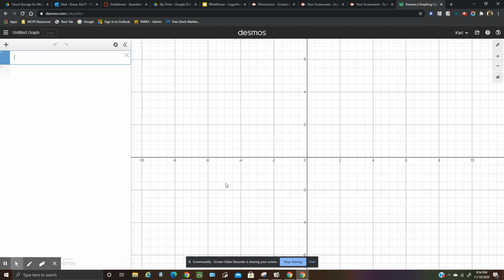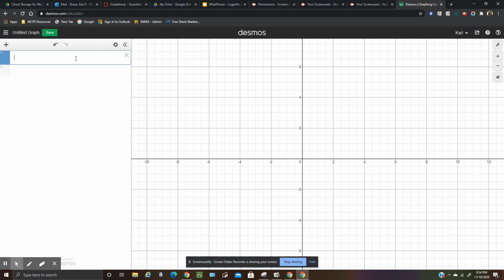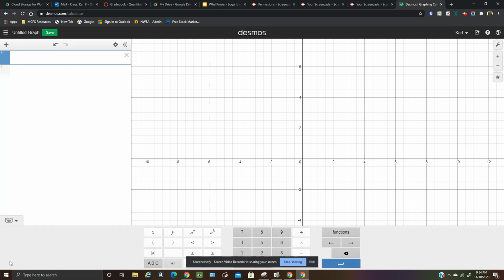So if I look at the keyboard here, you click on here and then go to the keyboard, go to function, look under miscellaneous here. Here's log. So we're going to do log of 36.